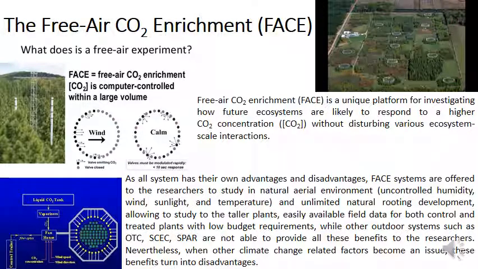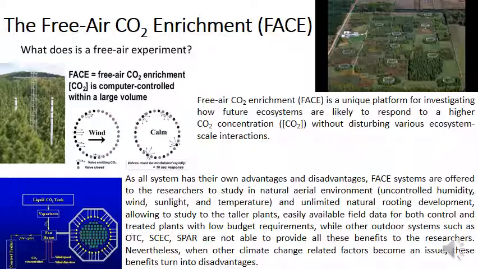As all systems have their own advantages and disadvantages, FACE systems offer researchers the chance to study in a natural aerial environment, with uncontrolled humidity, wind, sunlight, and temperature, and unlimited natural rooting development, allowing the study of taller plants.